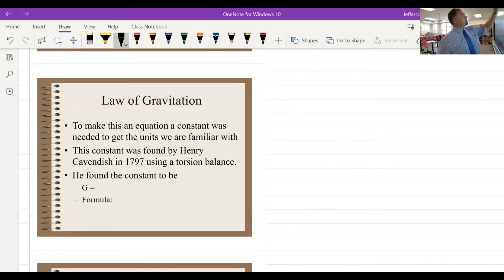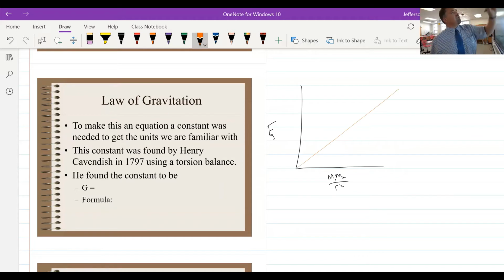By doing some investigations, he was able to plot the force due to gravity versus the product of the masses over the square of the distance between them, and was able to show that that was a direct relationship. And so when he found the slope of this graph, the slope was equal to a constant.